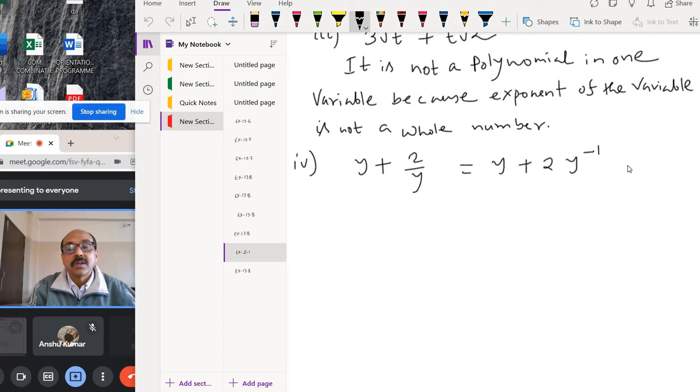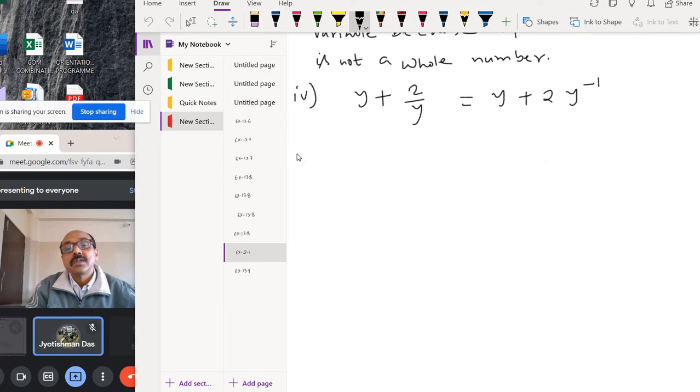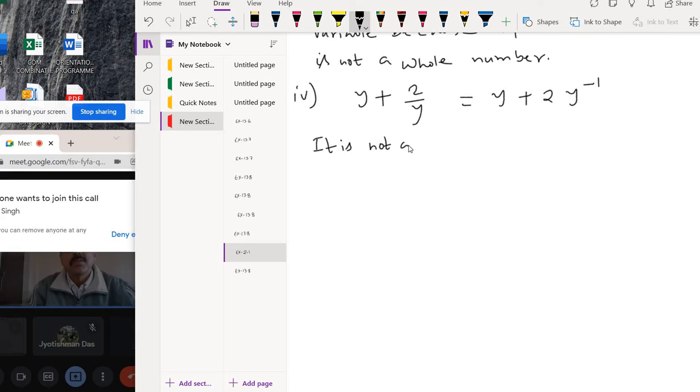So minus 1 is not a whole number. So this is also not a polynomial in one variable. Is it clear? Yes, sir.